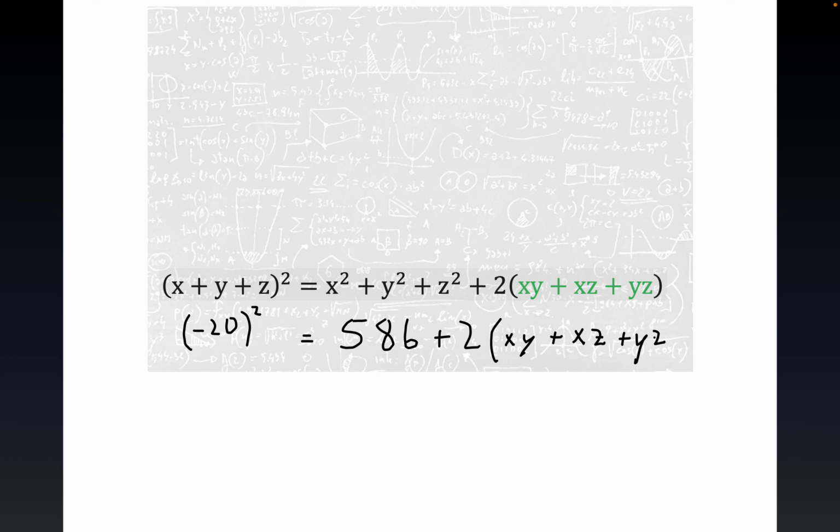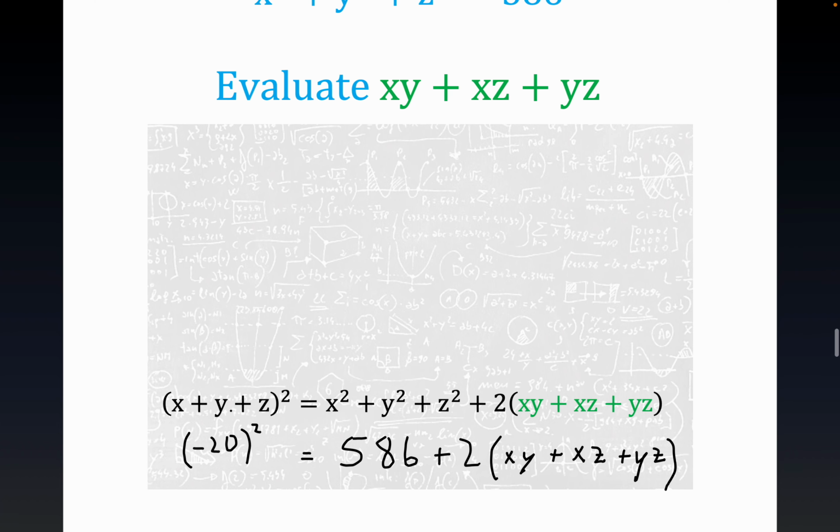Okay. Now, so you see, this is just a matter of arithmetic, right? This would be 400. And so we'll just come up here and we can write the work down pretty easily.